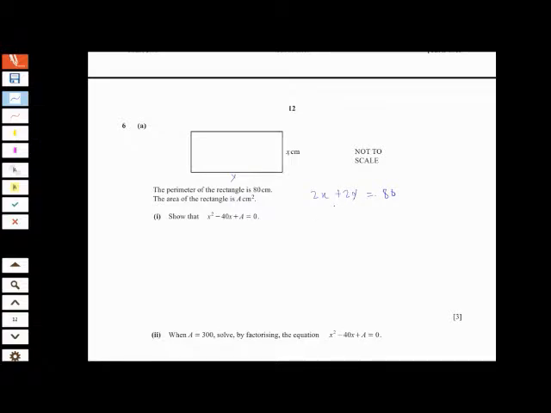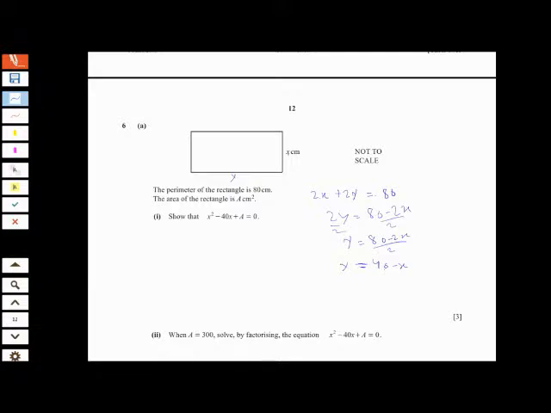Make y the subject. So take 2x to the other side. You end up with 2y equals 80 minus 2x, divide by 2, y equals 80 minus 2x over 2, which is 40 minus x. Y equals 40 minus x. Now this 40 minus x is y in terms of x.